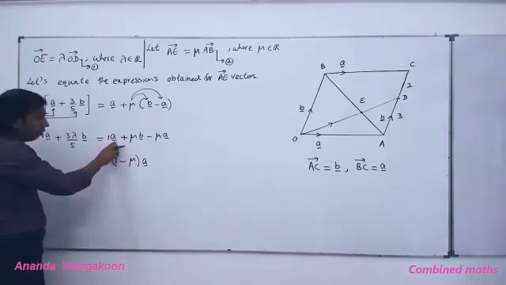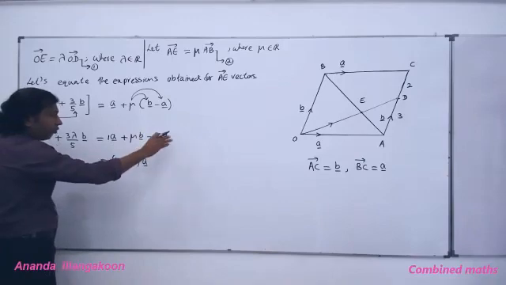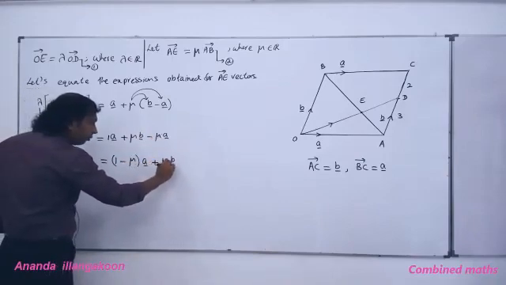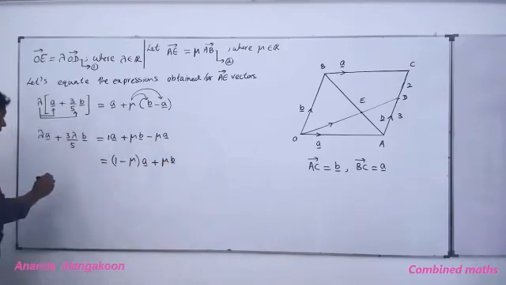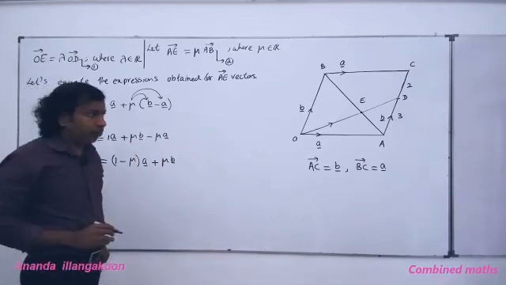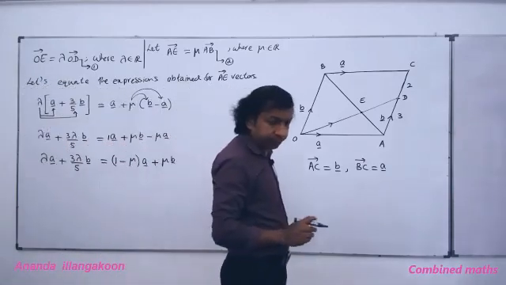I took the a vector out like this, plus mu times b. And here we have lambda a plus 3 lambda divided by 5 times b. Now this is the kind of vector equation we have at the moment.